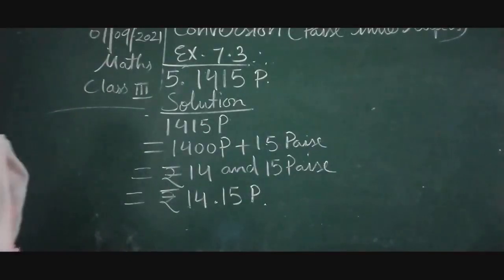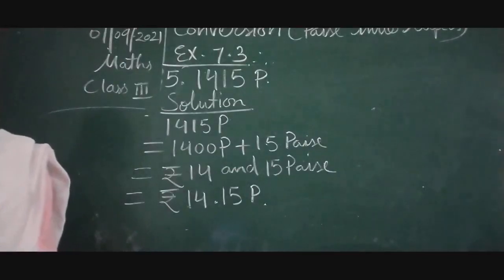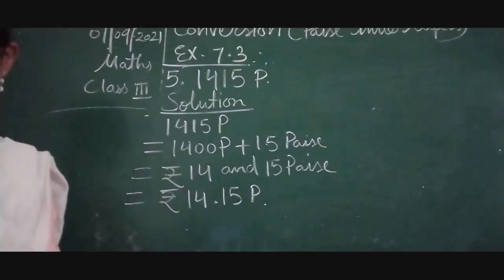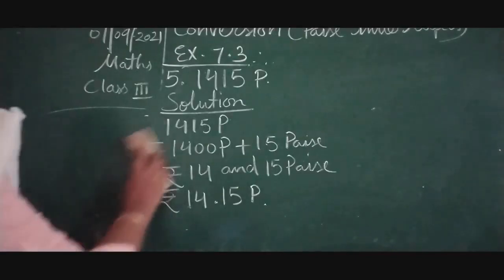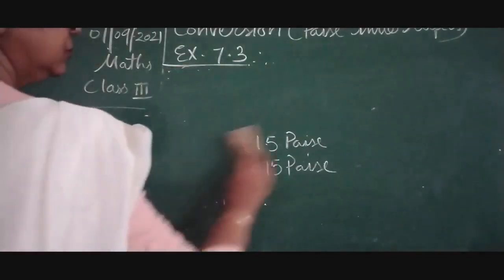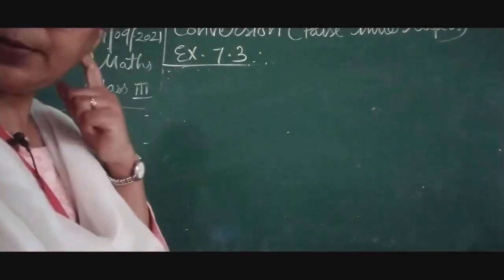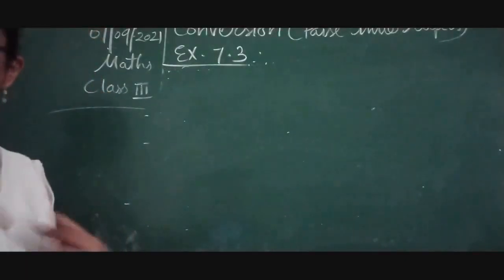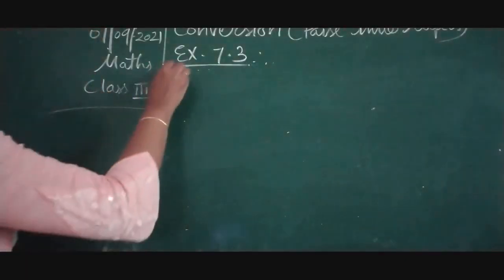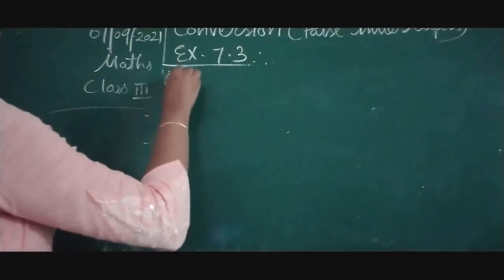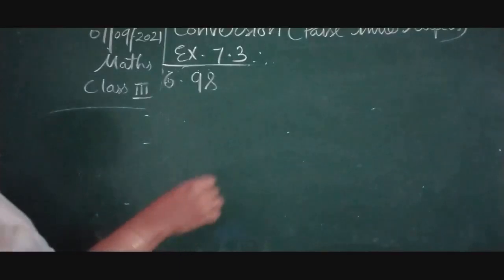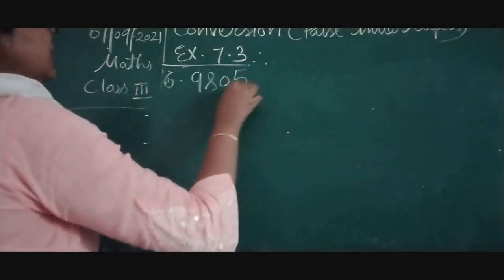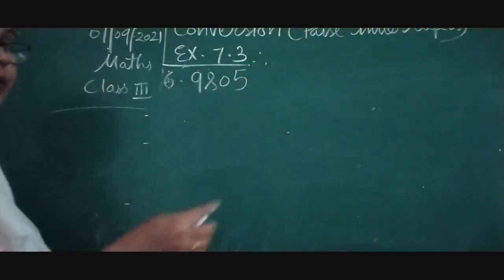Now we are going to do 6 number. Take a screenshot. At 6 number you can see 9805.